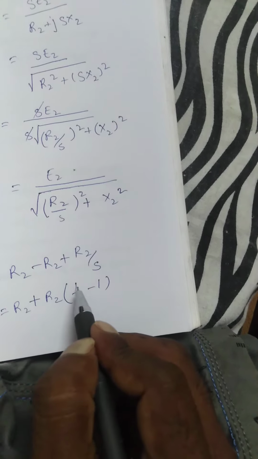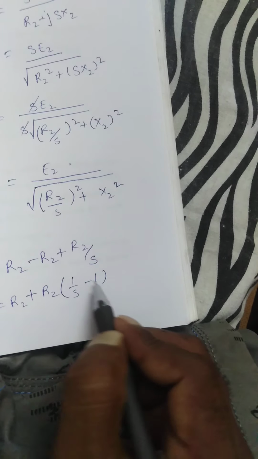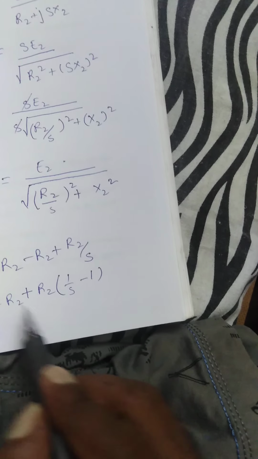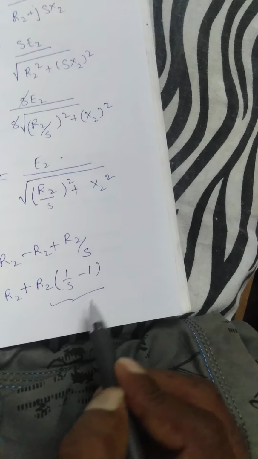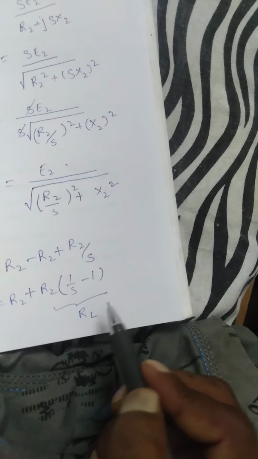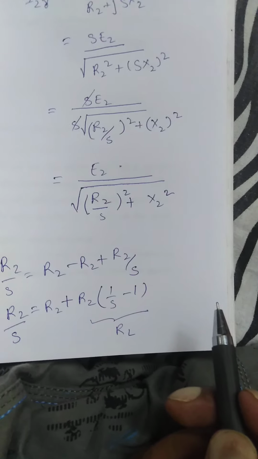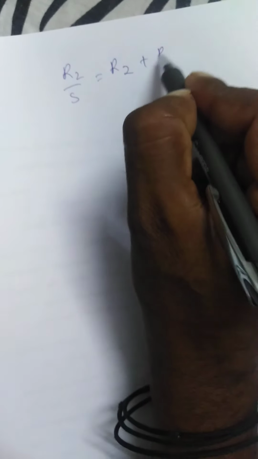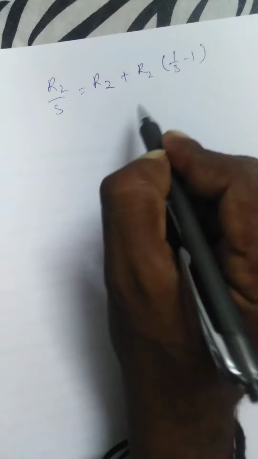So in place of R2 by s, write this term. Consider R2 times (1 by s minus 1) as RL. It is the mechanical equivalent of electrical load.